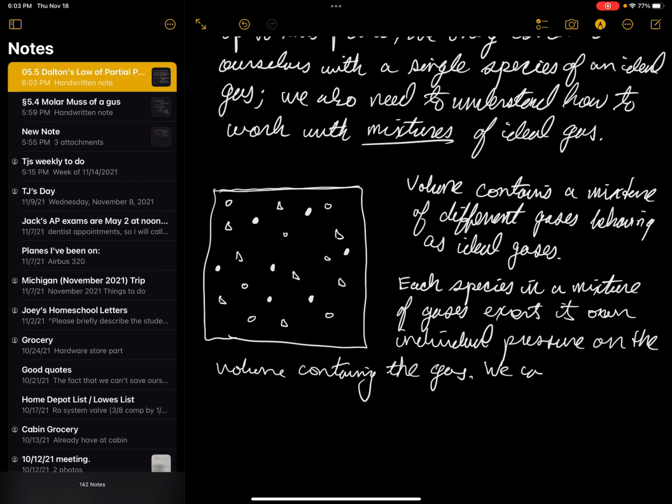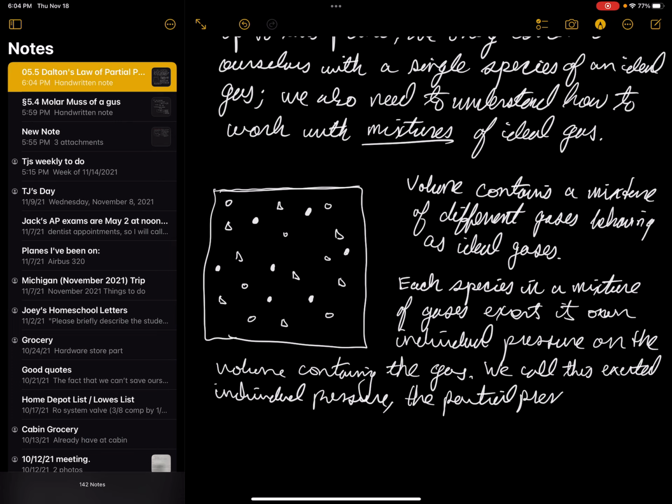We call this exerted individual pressure the partial pressure of the gas.